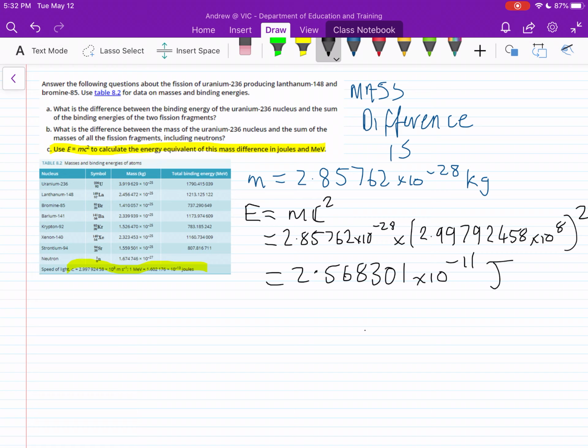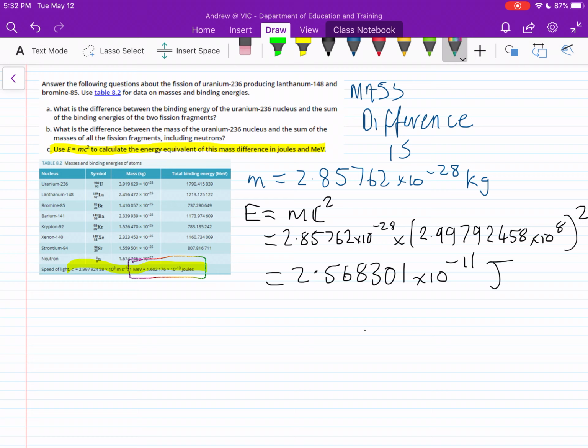So this is the value that you will get in joules. So we've ticked off, we've worked it out in joules, but it's also asked us to work in mega electron volts. So we've got our conversion rate down here: 1 mega electron volt is equal to 1.602176 by 10 to the negative 13 joules.